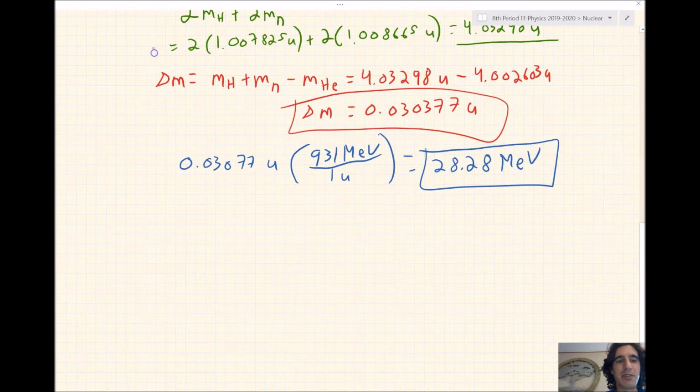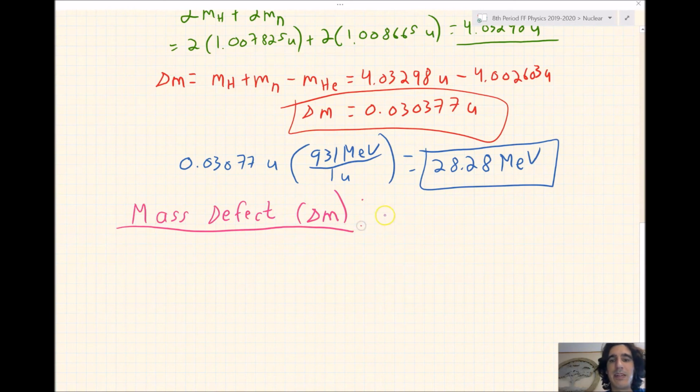We'll write down the formula for mass defect. That's delta M, and that is the sum of the mass of the protons and electrons, which we'll use for hydrogen, plus the sum of the mass of the neutrons, minus the mass of the element that we're given.